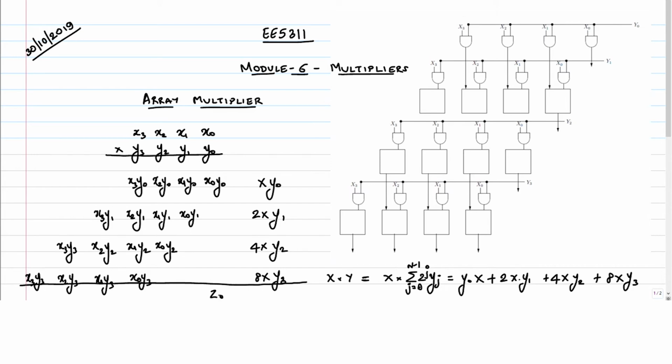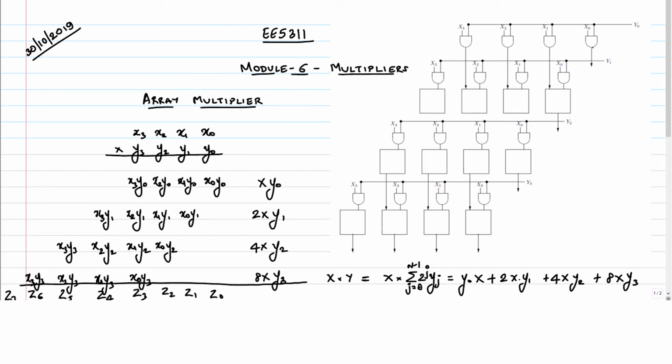So this is Z0, Z1, Z2, Z3, Z4, Z5, Z6, and I have a Z7 also. You have to tell me where these Z0 to Z7 variables are going to come out of this circuit and what these individual blocks are.